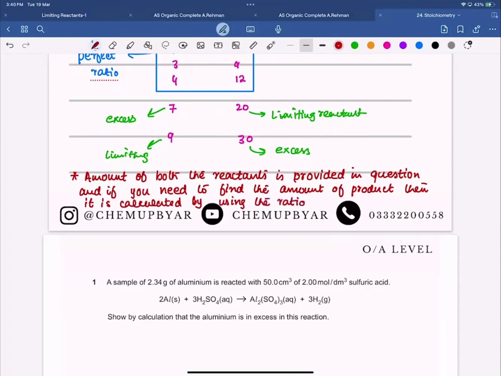Obviously we have to take the ratio of the product with the limiting reactant. We have to relate when we take the ratio. We don't take the ratio with any one of the reactants. First we have to find the limiting reactant, and then we take the ratio with the limiting reactant and the product to find the amount of product.